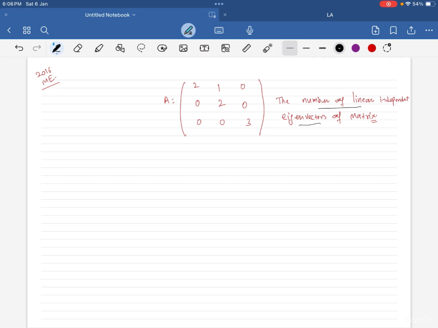So let's do that. In this case we will have eigenvalue lambda 1 is equal to 2, lambda 2 is equal to 2, and lambda 3 is equal to 3, right? Because this is an upper triangular matrix. So that is the eigenvalues, right?